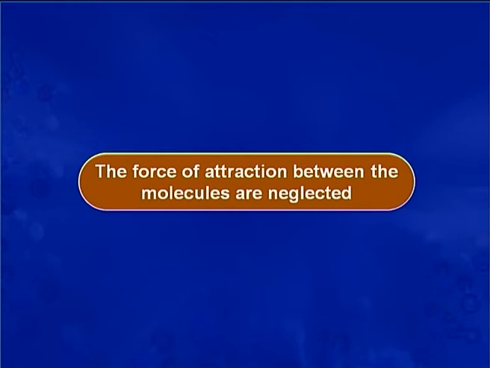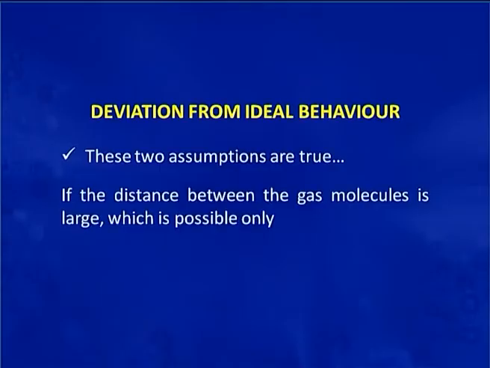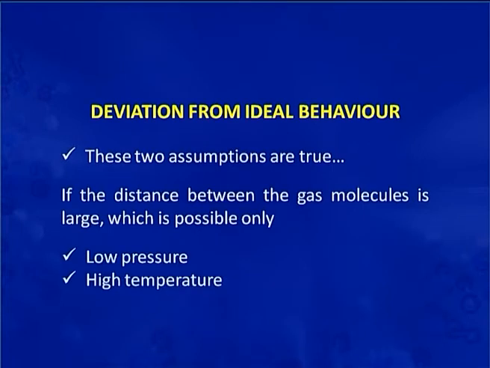The second assumption is that the force of attraction between the molecules is neglected. These two assumptions are true if the distance between the gas molecules is large, and this is possible only in two conditions. First, if the pressure is low, and second, if the temperature is high.